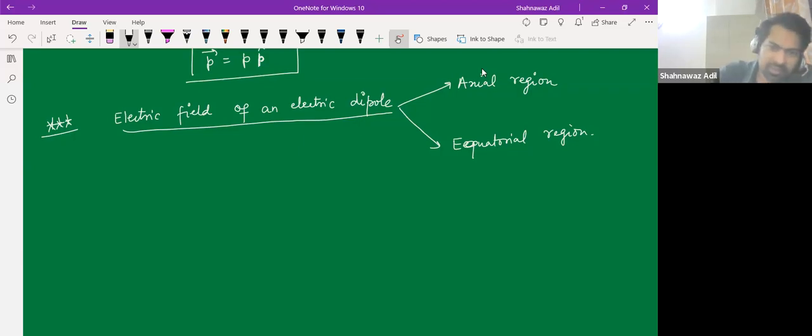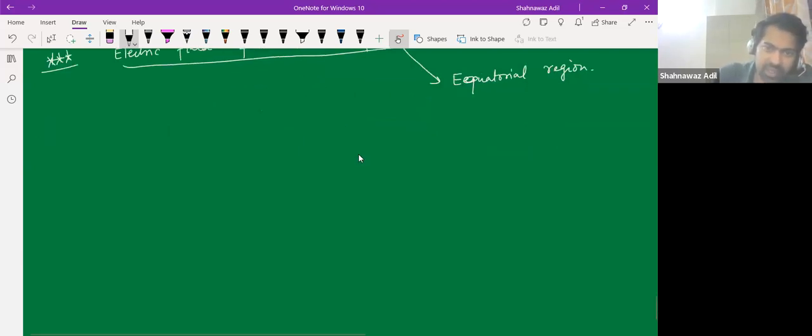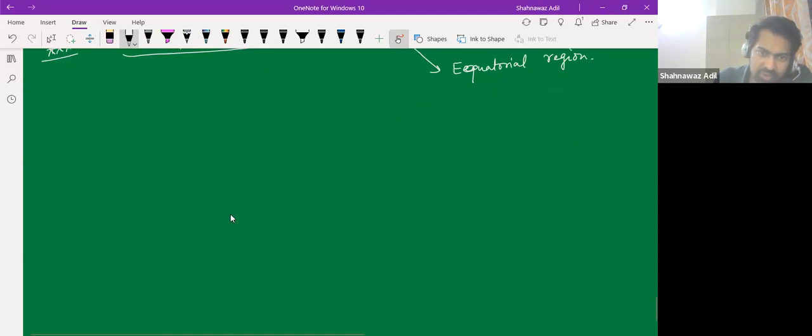So let's say we have a dipole, minus q and plus q. What is the axial region? We have this line which is connecting these charges.